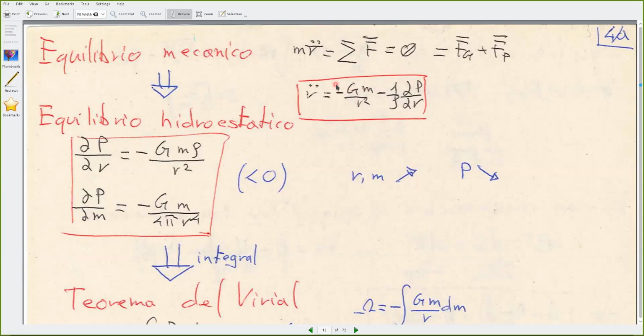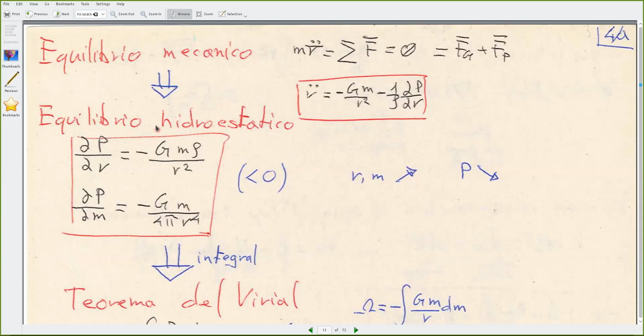Pay attention, this is minus, but the sum is not necessarily negative; it can be zero or positive. This is because the pressure is higher in the center and lower on the surface. So this gradient is negative, so this part is positive. This is negative, this is positive, so you can have zero, or you can have negative, or you can have positive if you are not in equilibrium.